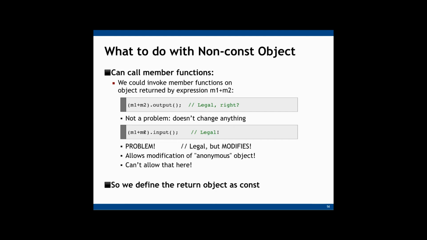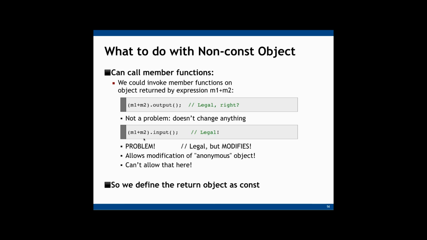As we talked about in the previous slides, this plus operation returns the objects, which is known as an anonymous object, because the object is not associated with any variable, and the anonymous object's values can be changed.